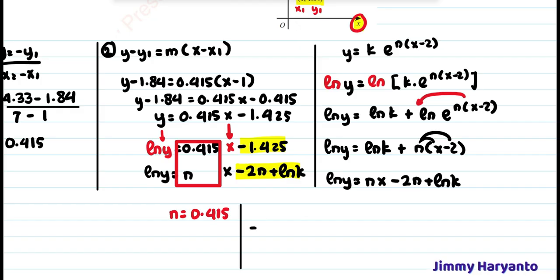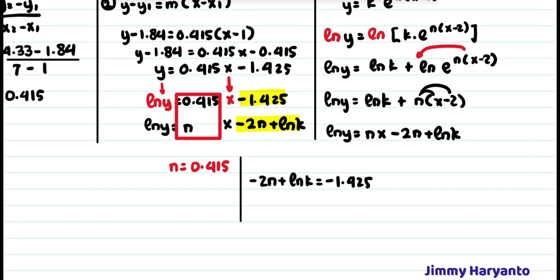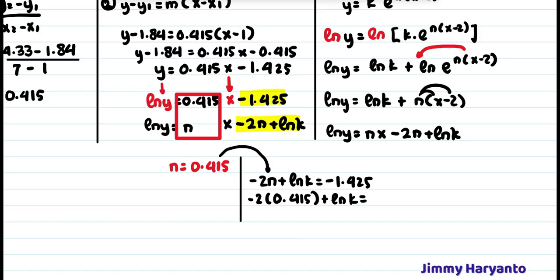Okay, so we have negative 2n plus ln k equals negative 1.425. First, I will input the value of n because we already have the n, 0.415, so negative 2 times 0.415 plus ln k equals negative 1.425. Let me calculate this one first.